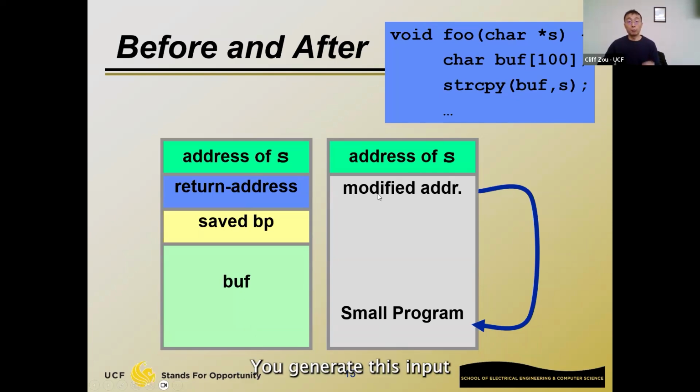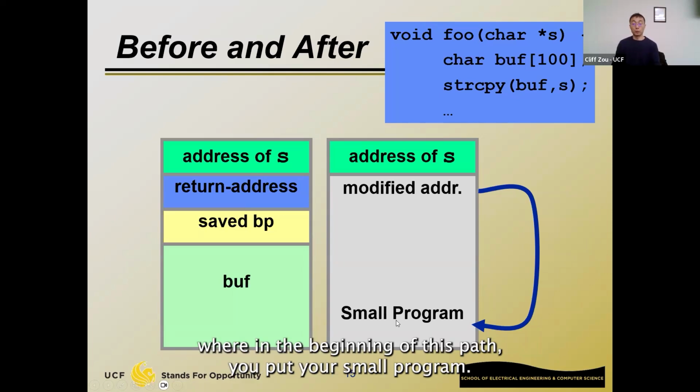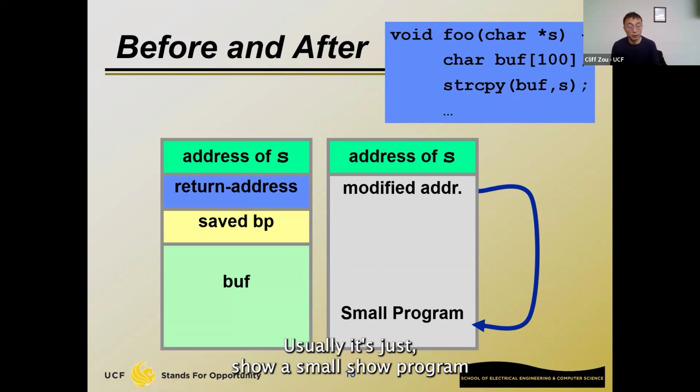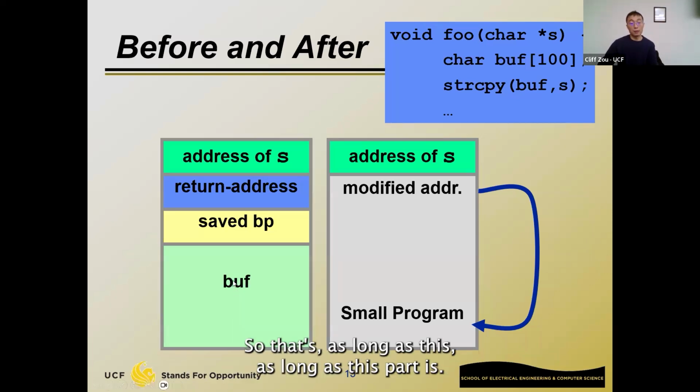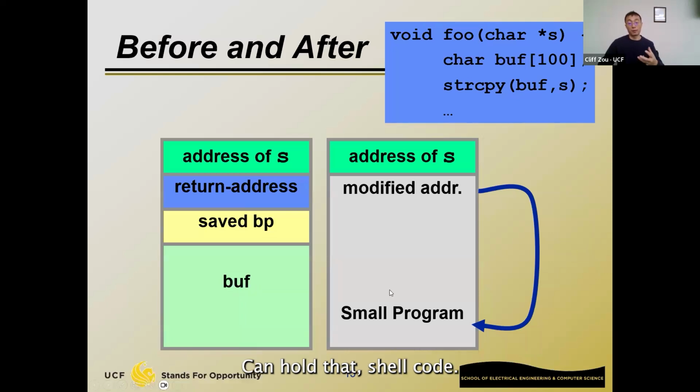You generate this input string such that you modify the return address to point back to the beginning of this buffer, where you put your small program. Usually it's just a small shell program, because for any operating system, you can write 20 to 50 bytes of code that can generate a shell. As long as this buffer can hold that shell code, you can put it here.